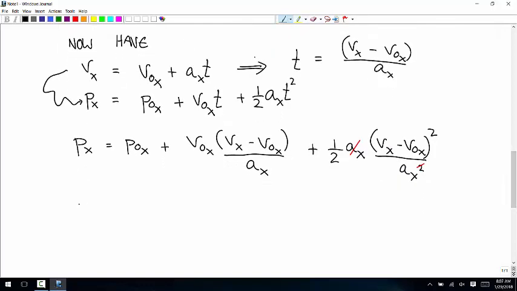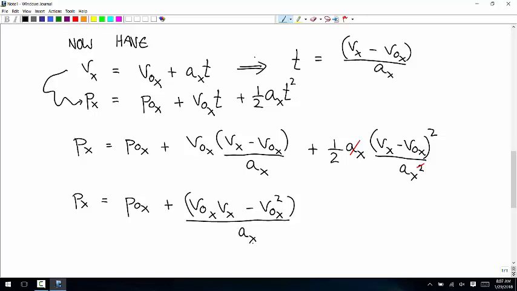And now it's just simplifying the algebra. Px is equal to P0x plus the quantity Vx minus V0x squared over Ax plus, if you square this, you get, I'm going to put the 1/2 in the numerator here, so I'm going to leave just Ax in the denominator.